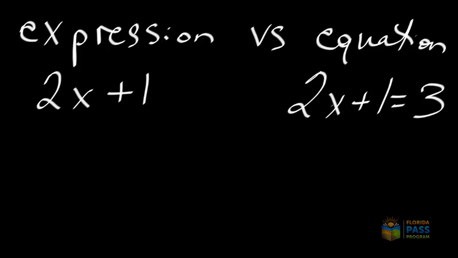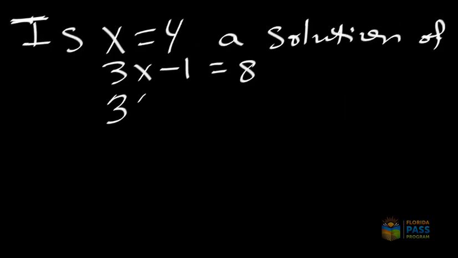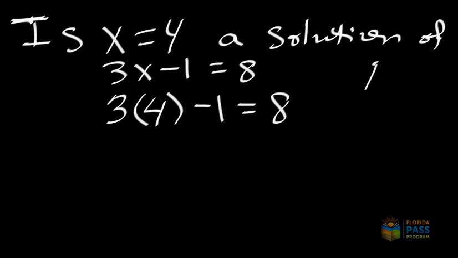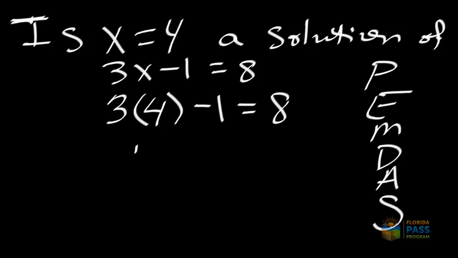So every time I see an x in an equation, I'm going to write 4. So 3x minus 1 equals 8. What did we say x was again? 4. So now we use order of operations. Remember, we always write order of operations on the side of the paper until you're 100% sure that you have it down pat. PEMDAS. 3 times 4 equals 12.